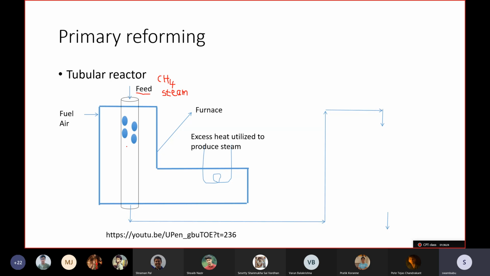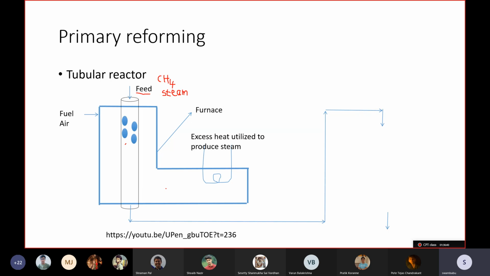So we have catalyst particles. These are the catalyst particles, which is where the reaction takes place.